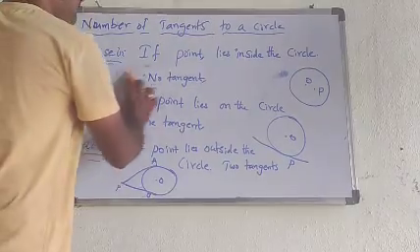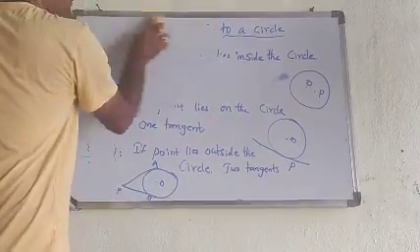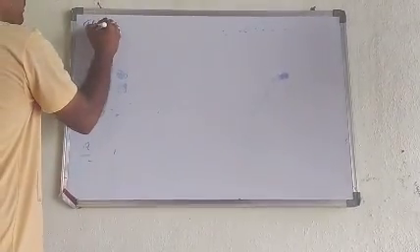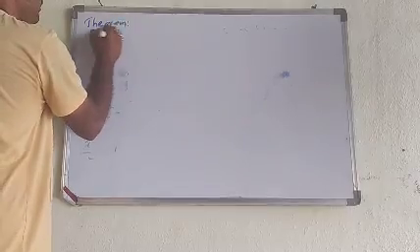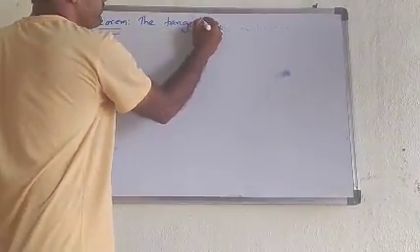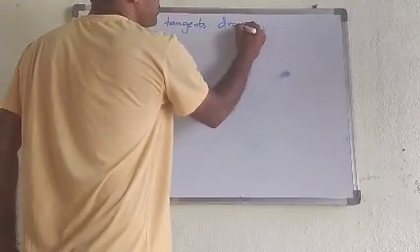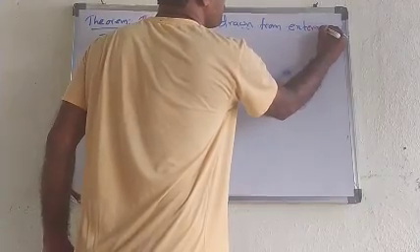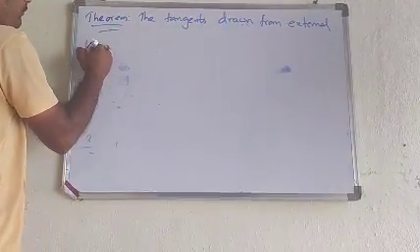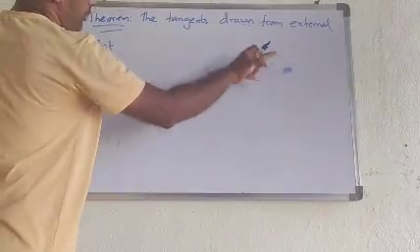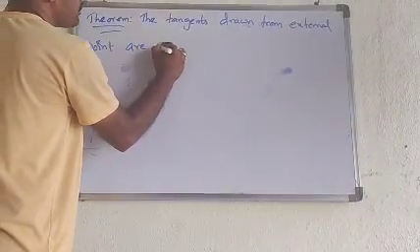Next, let us see one theorem. The theorem statement is that the tangents which are drawn from an external point are equal.